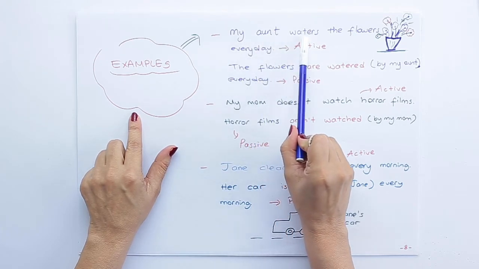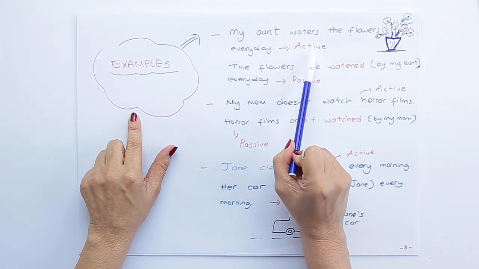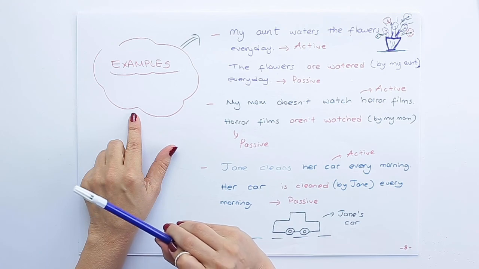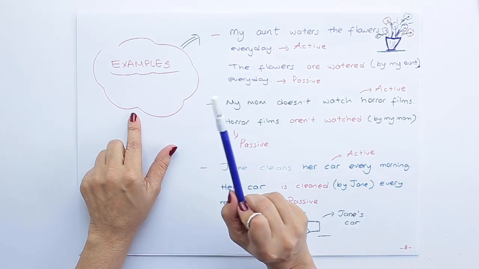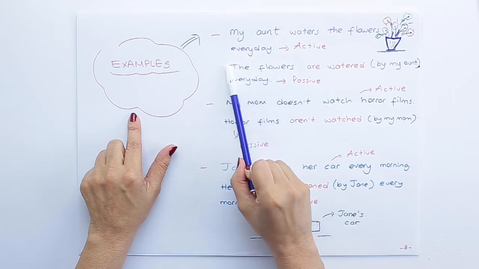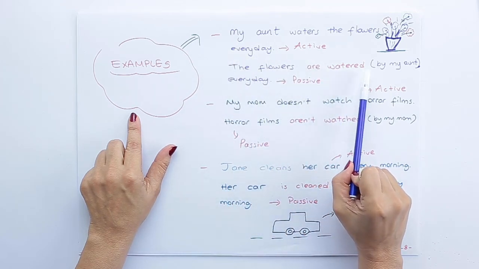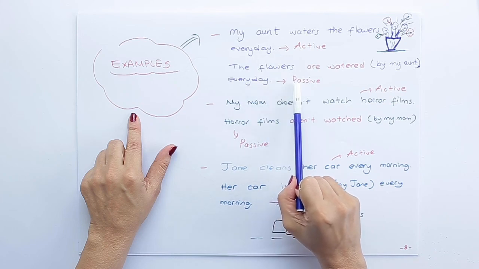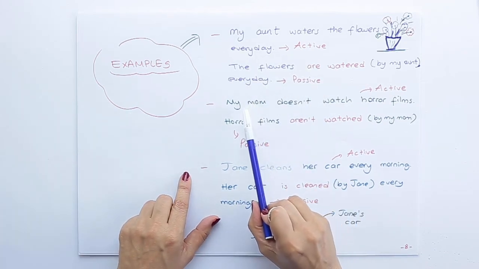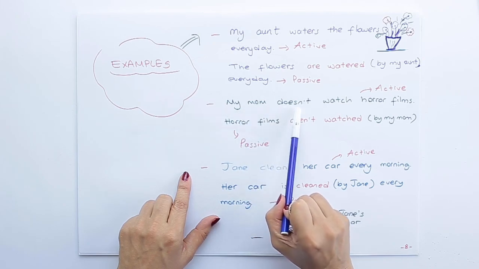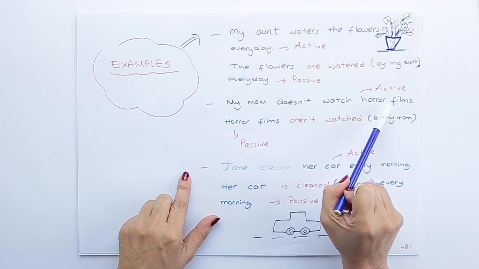My aunt waters the flowers every day. This is my active sentence. The flowers are watered by my aunt every day. This is my passive sentence. My mom doesn't watch horror films.